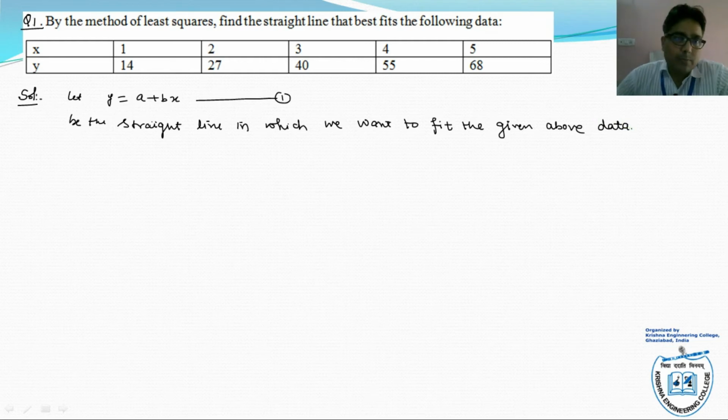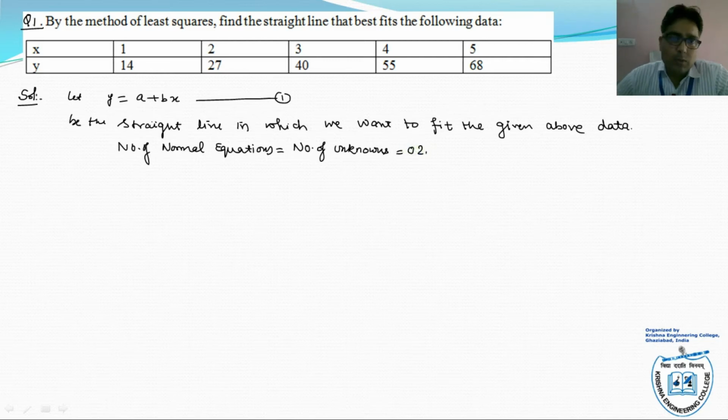Here the number of normal equations is equal to the number of unknowns, that is two. So the normal equations correspond to constant A and constant B respectively.